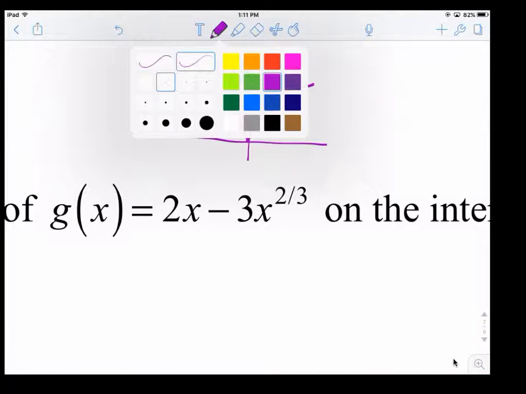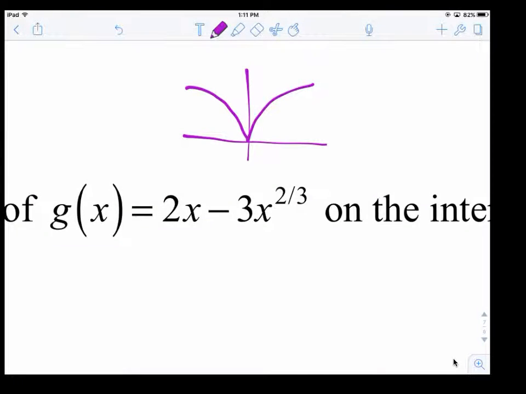Well, it'll either be a cusp or a vertical tangent. For this one, it is. You'd have to graph it. You just kind of have x to the 2/3 as a simple one you need to remember. More, recognizing that you have a fractional exponent tells you a sharp turn.